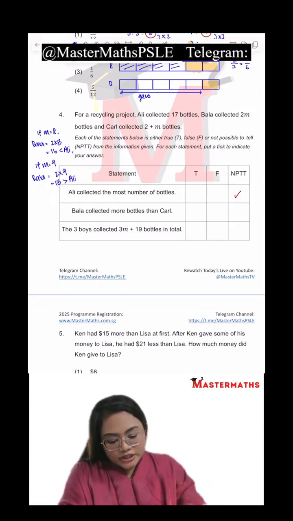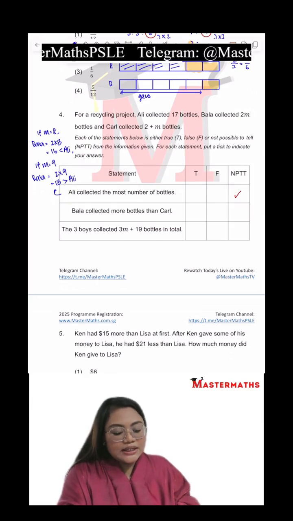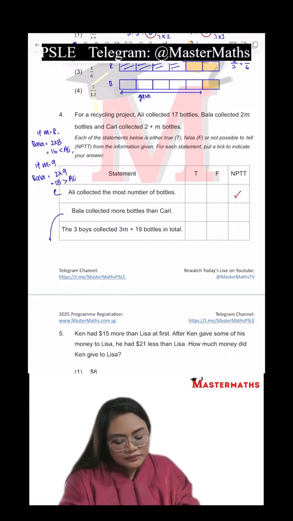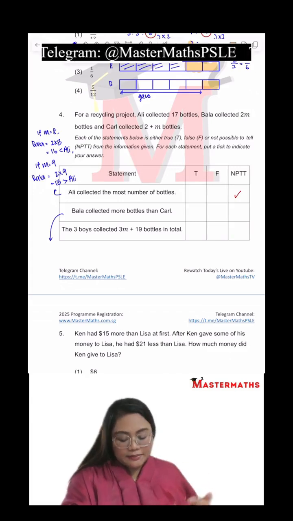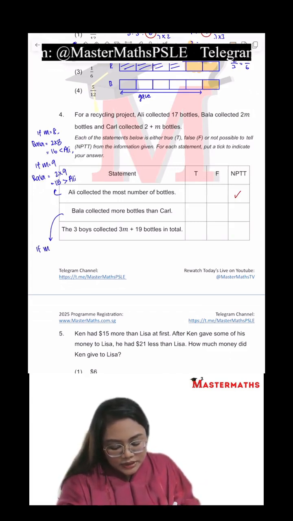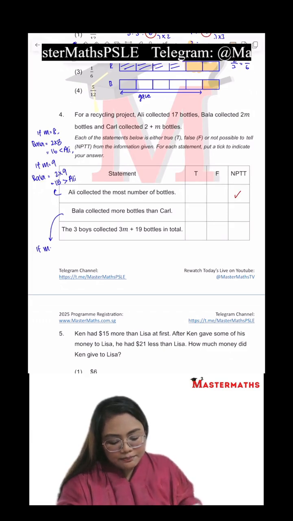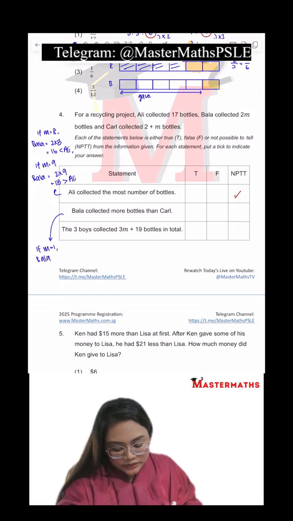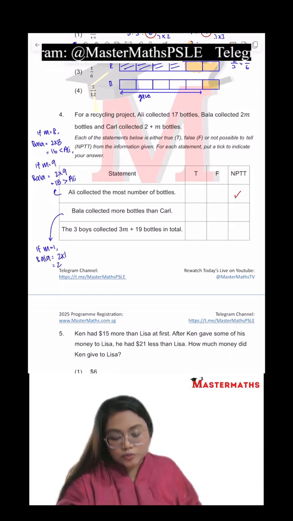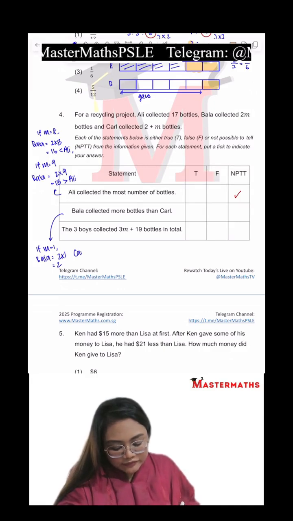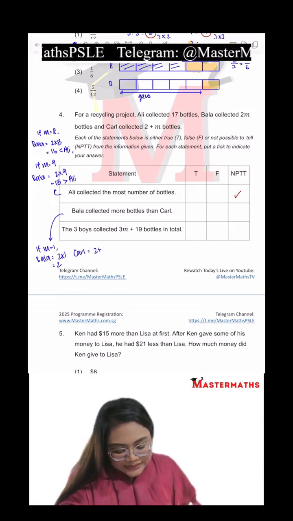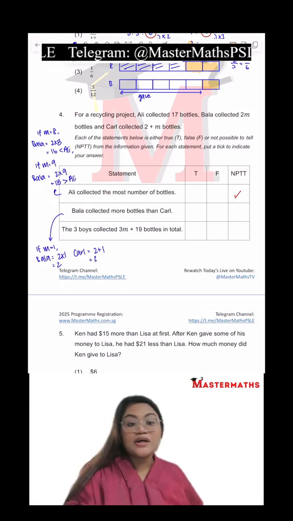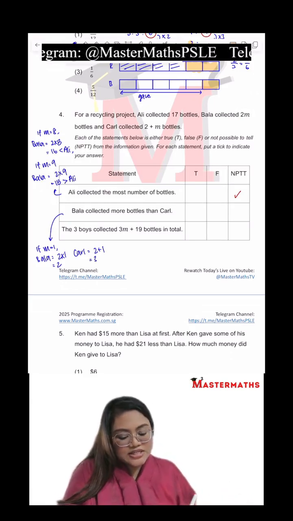Similarly, for the next one, Bala collected more bottles than Carl. Same thing. It depends on what M is. If M equals 1, then Bala would have collected 2 times 1, which is just 2, whereas Carl would have collected 2 plus 1, which is 3. Carl got more, so this one is false.